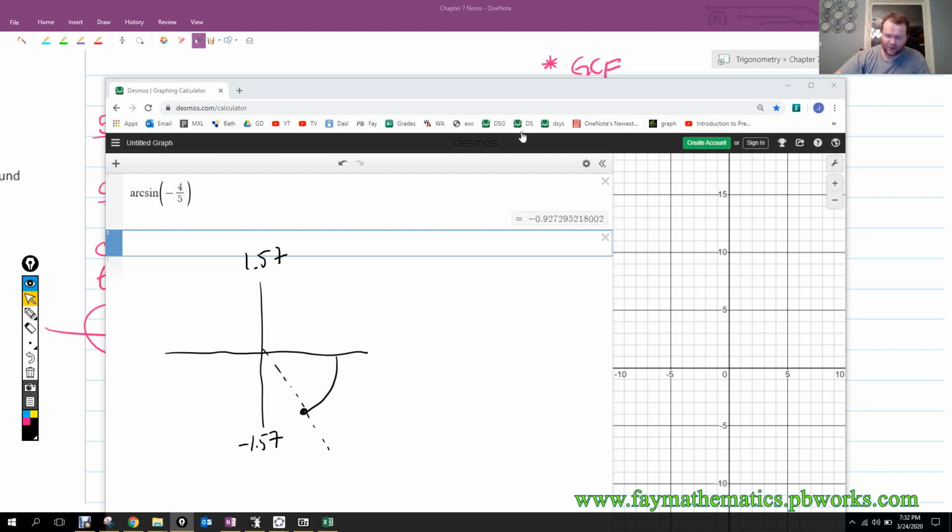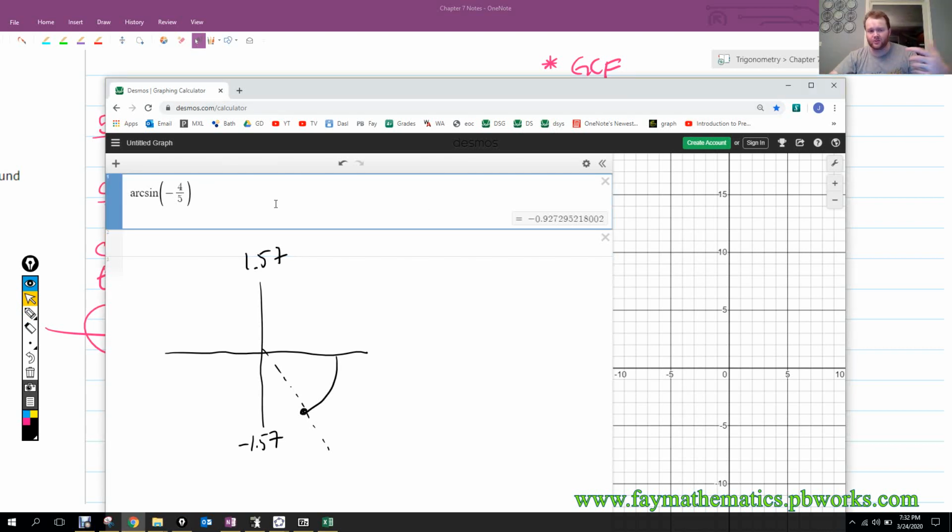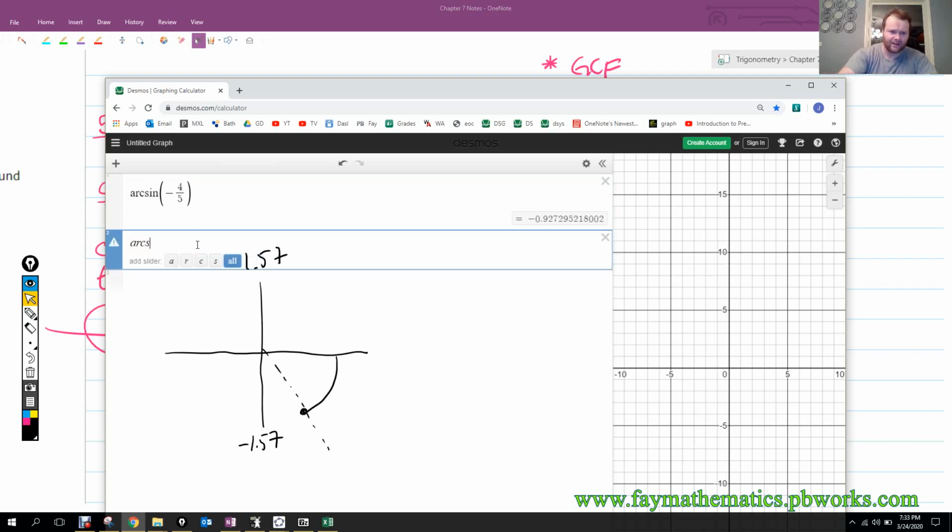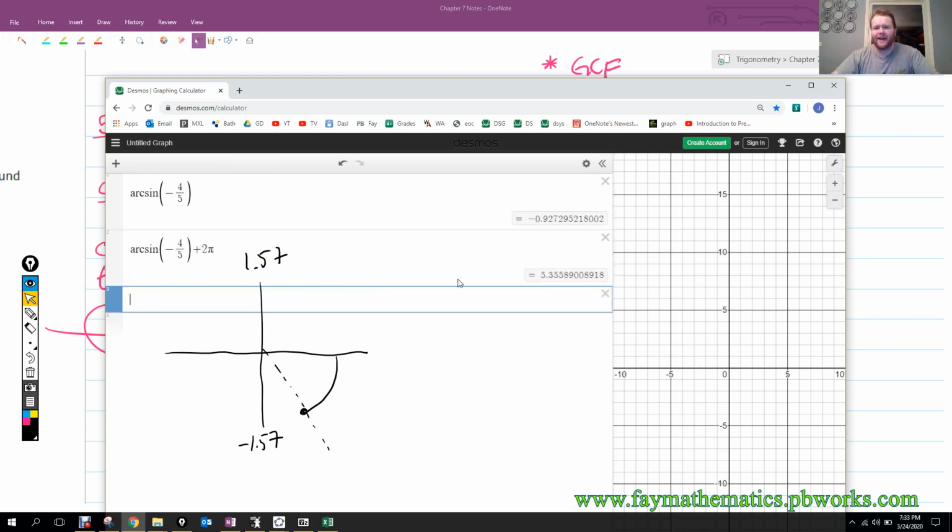I'm going to rewrite this, and this is what WebAssign is going to want from us. If that's negative 0.927, I'm going to add 2 pi to it. So arc sine of negative 4/5, plus 2 pi, is actually the radian that we prefer, 5.355.